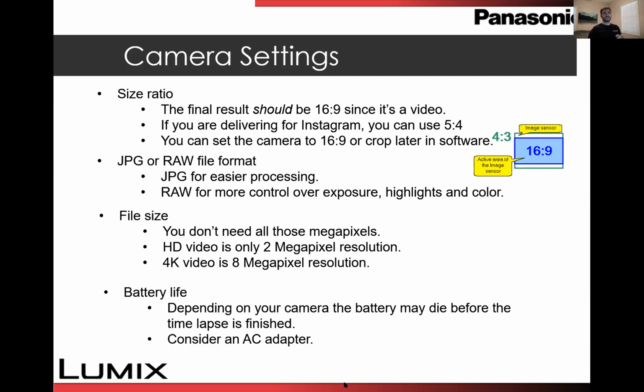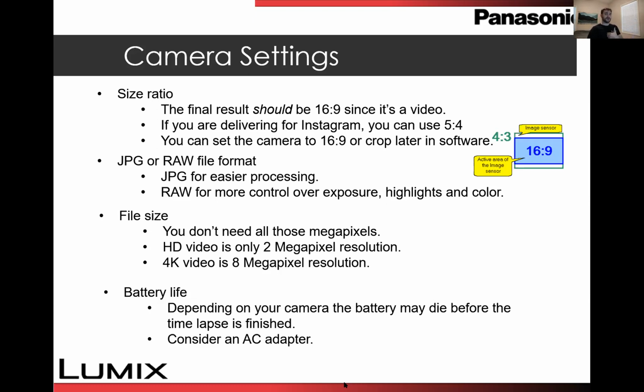Shooting in RAW gives you that ability still, just like you do as a normal regular image that you're going to capture, but now you're just doing it across 300, 1,000, 5,000 images, and trying to keep it as the same exposure across the board. So RAW can be a big advantage for this.